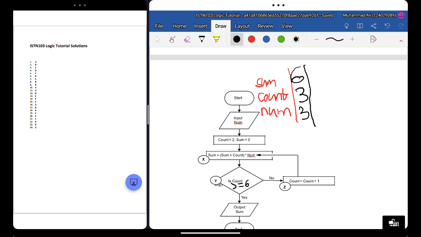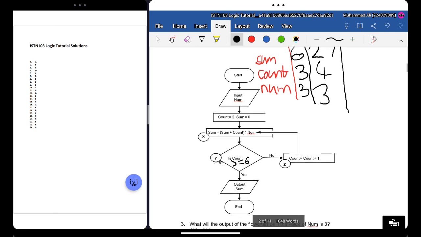So our sum now is 27. Num won't be affected. But count is now count plus 1, so updated count is 3, 3 plus 1 is 4. So this iteration is done.